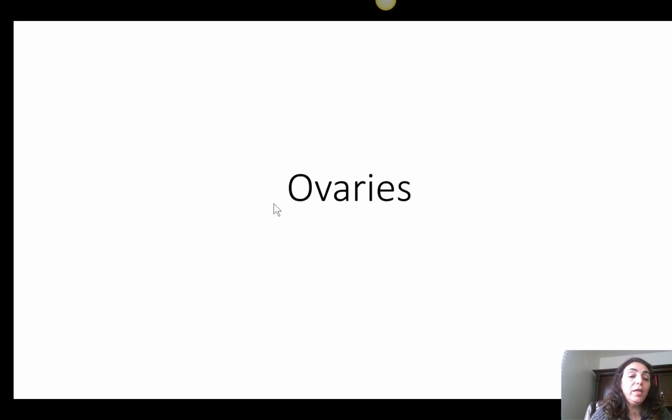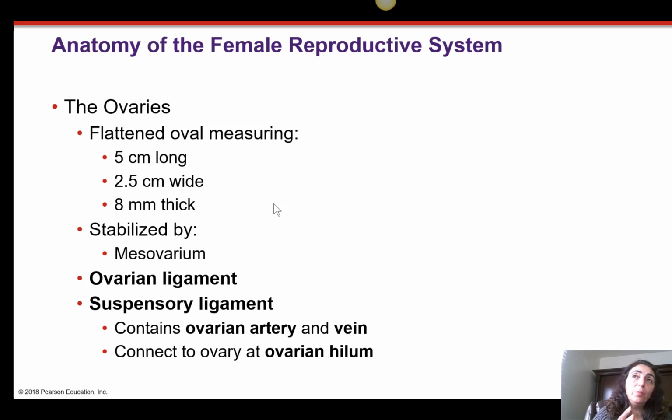Now let's talk about each one of them one by one, starting from the gonads, which are the ovaries, that have an important job: they produce oocytes and also produce hormones. So ovaries are flattened oval structures measuring about 5 cm long, 2.5 cm wide, and 8 mm thick.